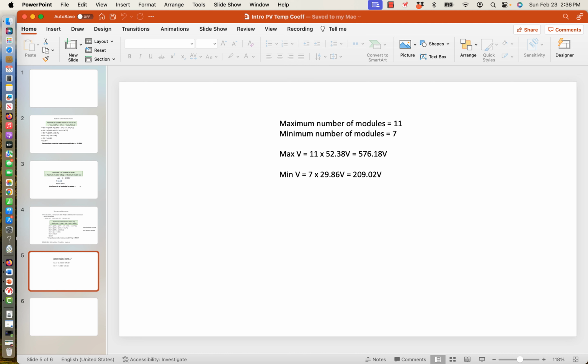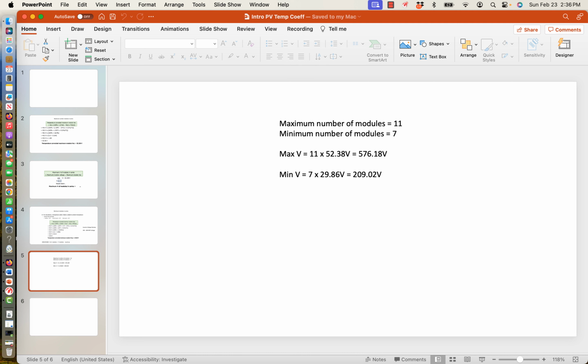So for the quiz, expect to see roof fill calculations. I'm going to give you a module and a roof size. You're going to tell me how many modules, what's the weight, what's the size, all that stuff. And then a temperature coefficient calculation.